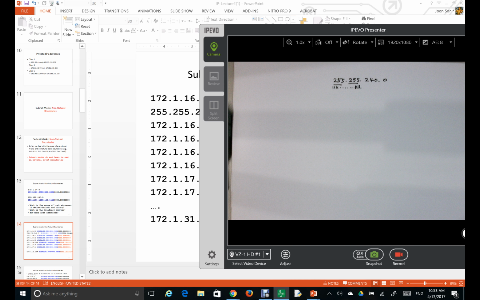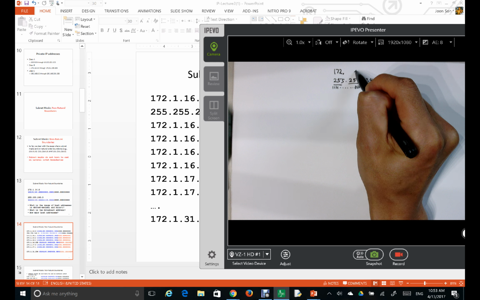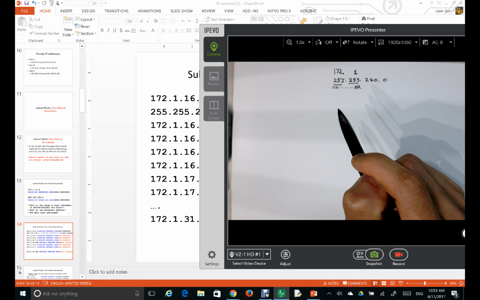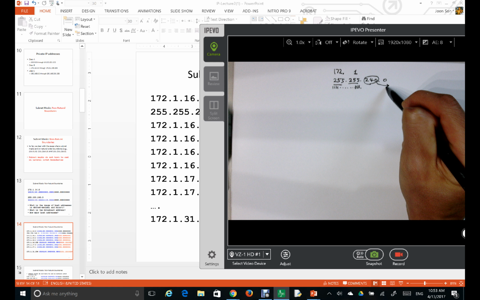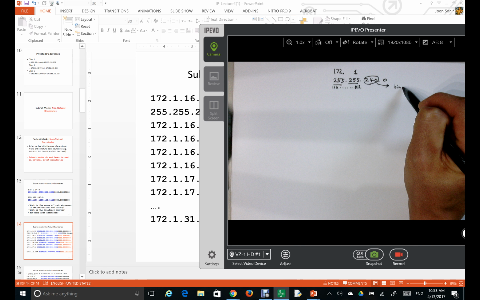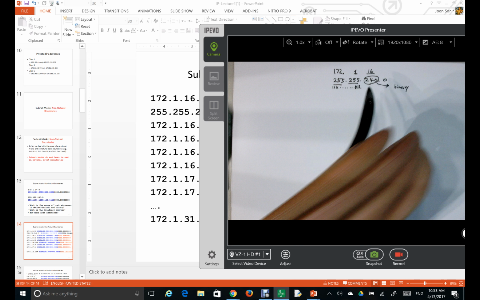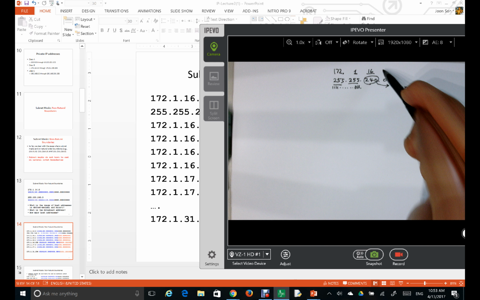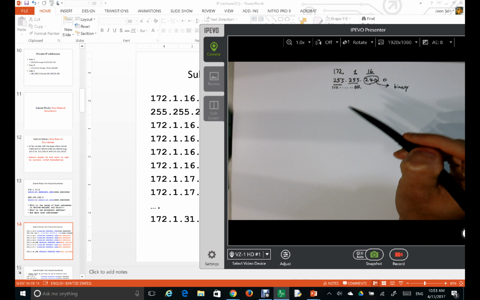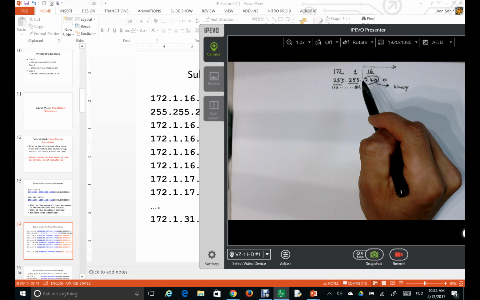For the IP address, 172.1 you don't have to convert into binary form, but since this is no longer 255, you have to convert it into binary form. This is step number 1. And also 16 is in the third octet, so it's better to convert it to a binary number. Anything after this, if it's decimal, you have to convert it into binary form.